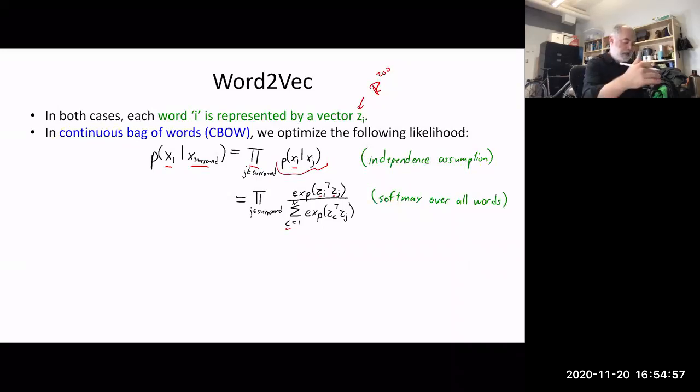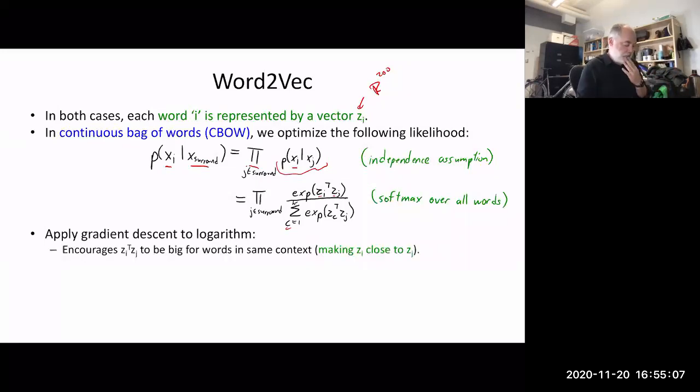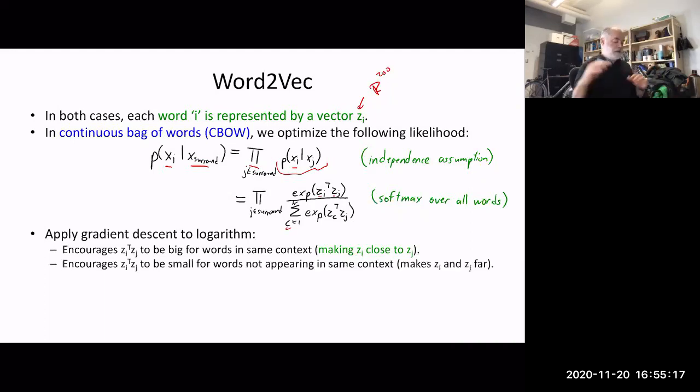Right? So zi given zj is just the expression that we have there, and we apply gradient descent to the logarithm. This encourages the latent codes for similar words, i.e. similar words in the same context, to be close, and the inner product between latent features to be small for words that don't appear in the same context.